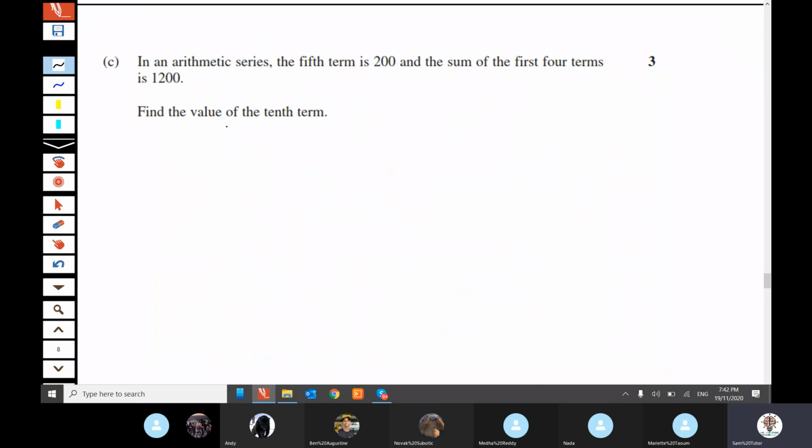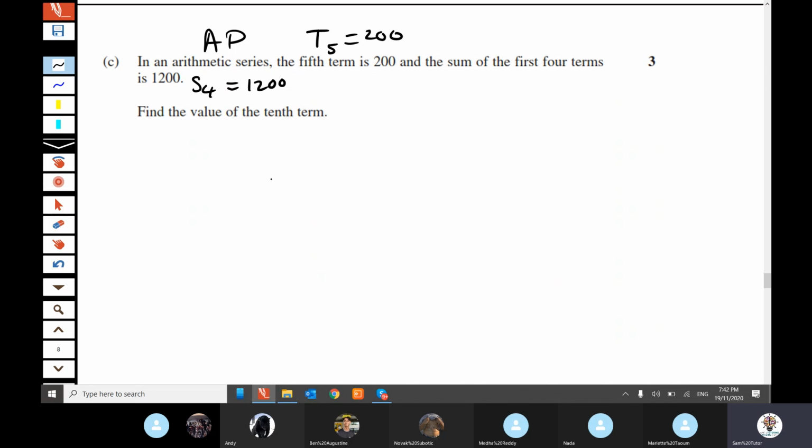In an arithmetic series, you now know it's an AP. The 5th term is 200, so T5 equals 200, and the sum of the first 4 terms is 1200, S4 equals 1200. That's pretty interesting that they did that.